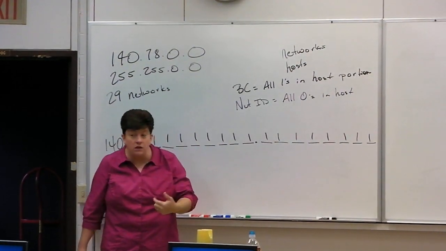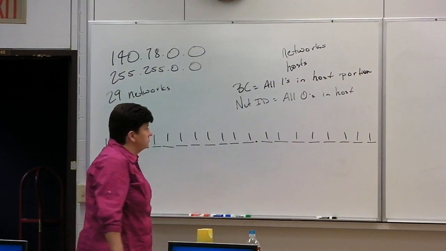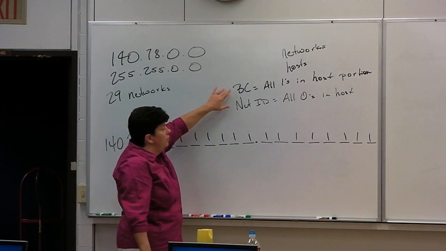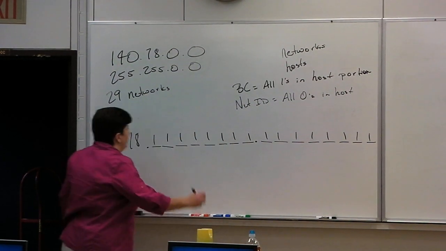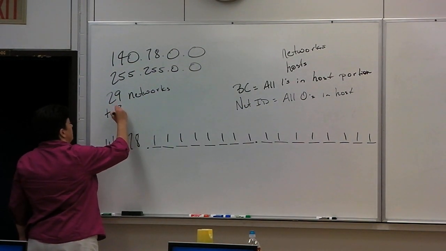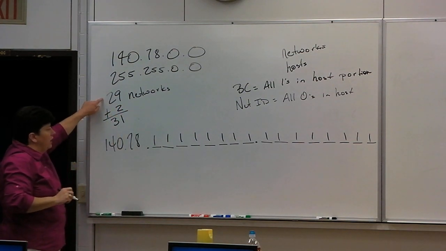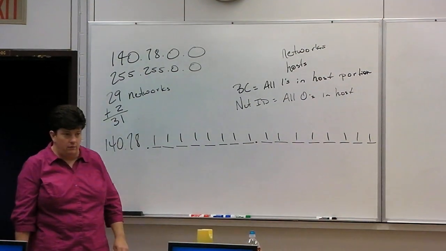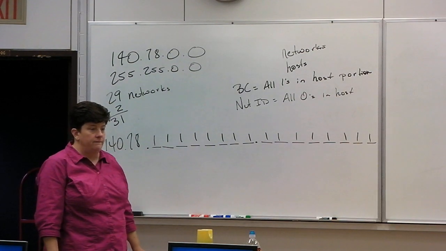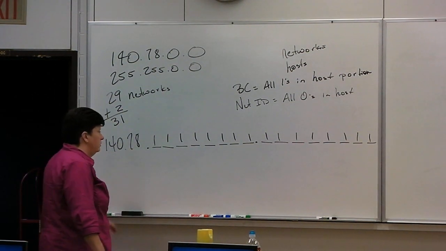So if you come to me and you say, I need 29 networks, I'm not allowed to give away all ones, I'm not allowed to give away all zeros. How do I account for that? I add 2. You ask me for 29, in order to give you the 29, I'm going to calculate 31. Okay? Just one of the steps you have to remember.